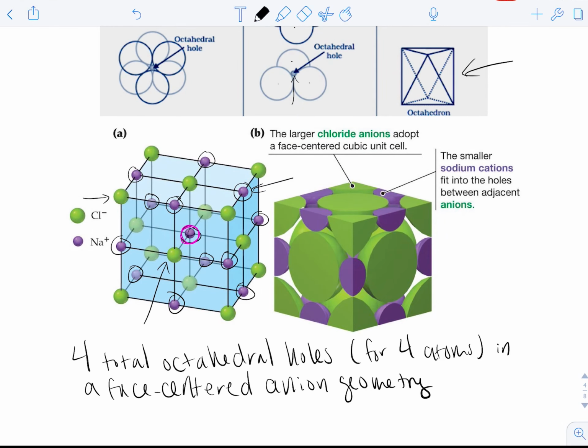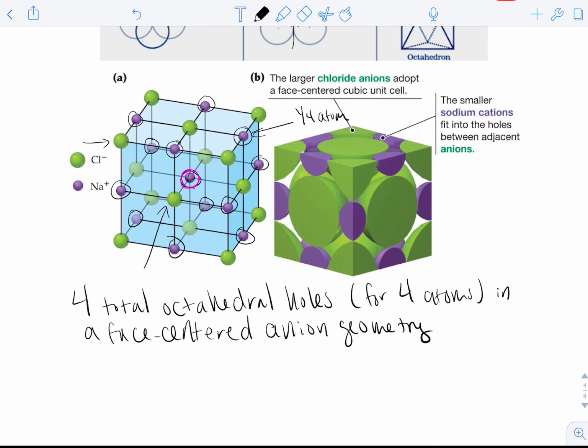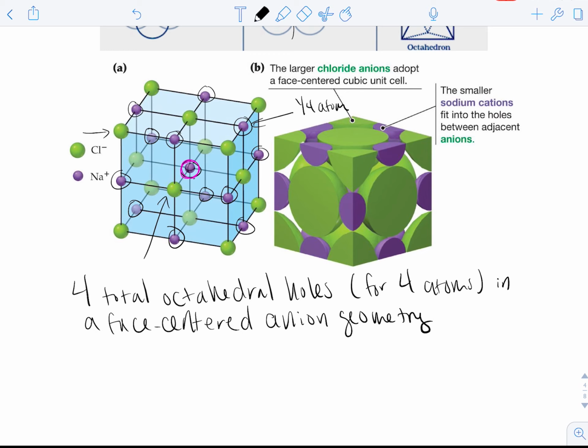Edge pieces are only seen for our cation holes, which is why we didn't talk about them initially, but our cations can occupy edge pieces, and each edge piece is 1/4 of an atom. There are a total of 12 of those. So 12 edge pieces gives 3 atoms, and the one in the center is our 4th, giving us 4 total octahedral holes within the unit cell. So we have a maximum of 4.